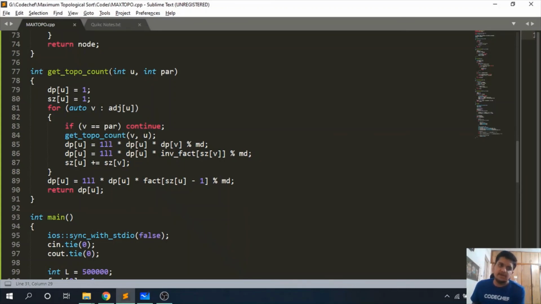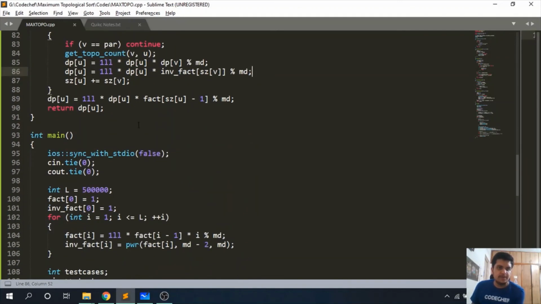Our get topo count function simply gives us the number of topological orderings as we saw through DP, and this is the DP expression, implemented over here. Note that you will have to use modular expressions over here, otherwise you may get integer overflow. Done with this.